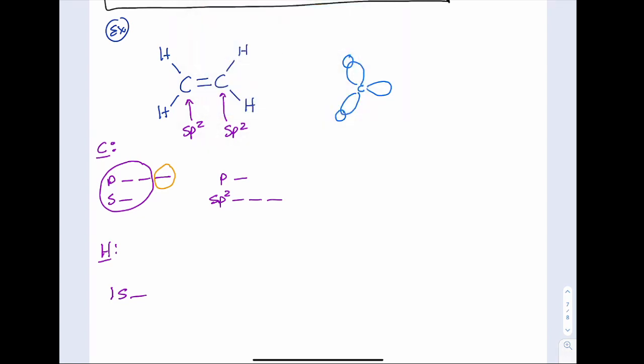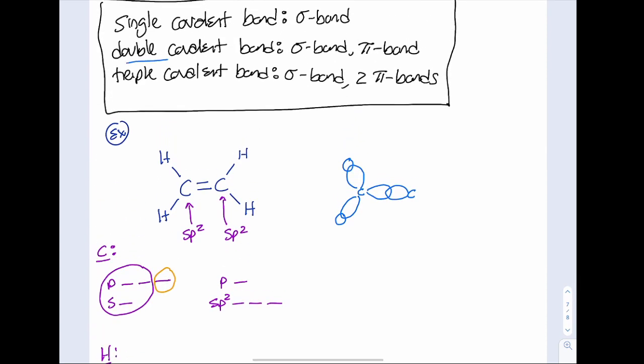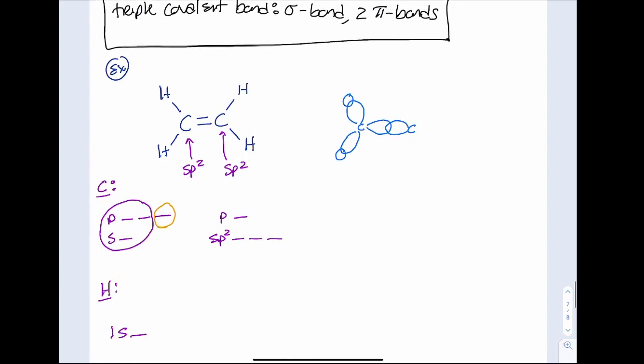My other carbon, my carbon on the right, it also has 3 sp2 orbitals. I am going to come back and put my p orbitals on here. So one of those sp2s is overlapping with the other sp2 of carbon to form the sigma part of that double bond, right? Double bonds here we said have a sigma bond and a pi bond. That's my sigma part, right?